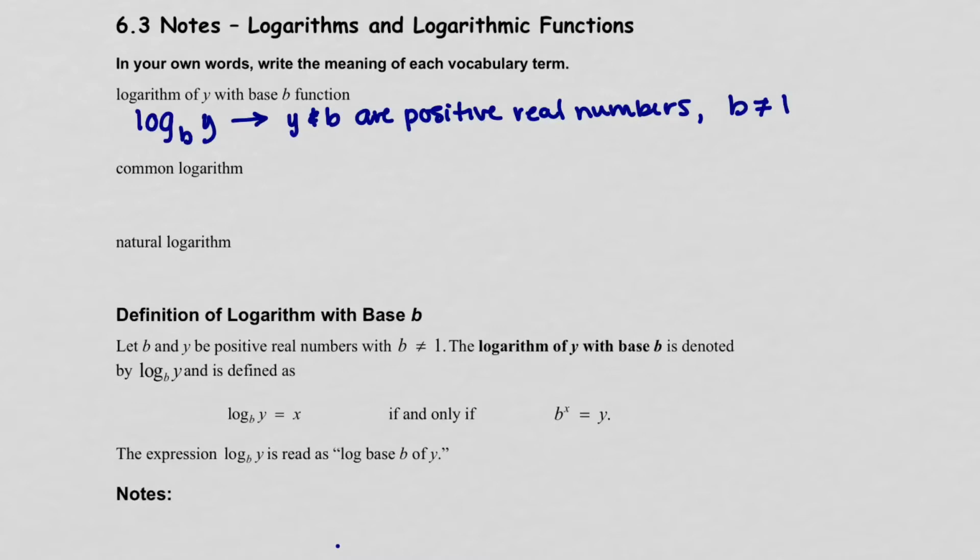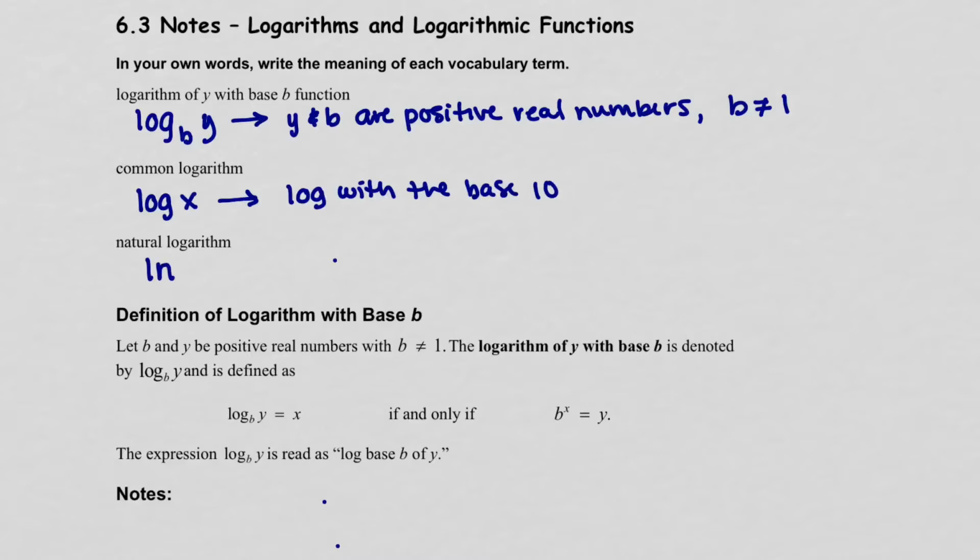We'll also be discussing the common logarithm, which just looks like log x, and we don't have a little number for a base there. So the common log means that it is a log with the base 10. So if you don't see something there, we assume it's 10.